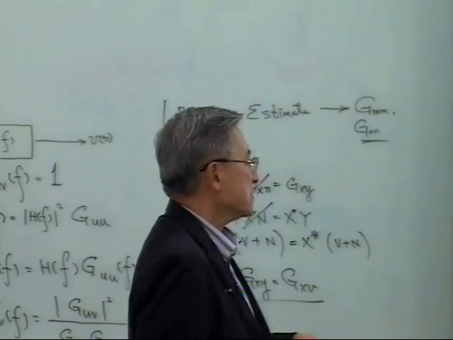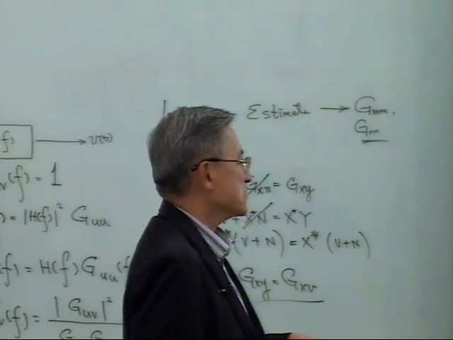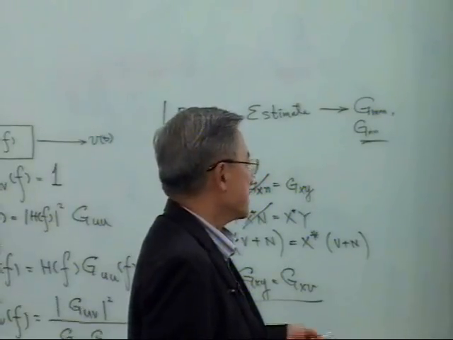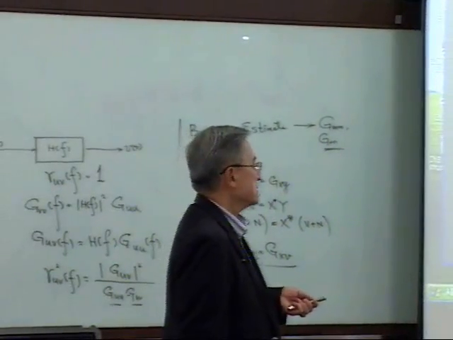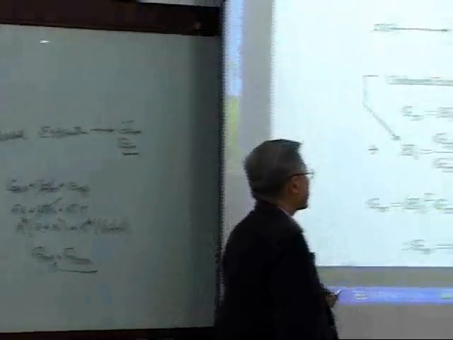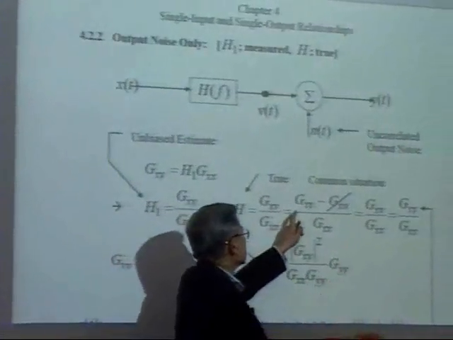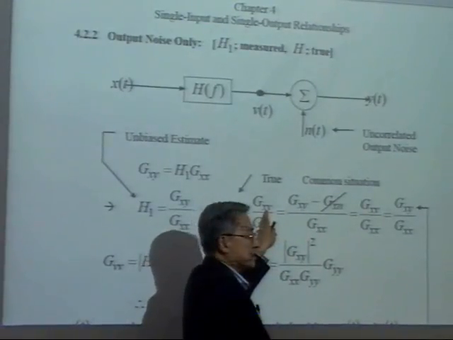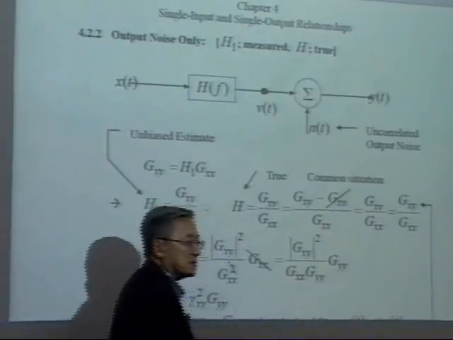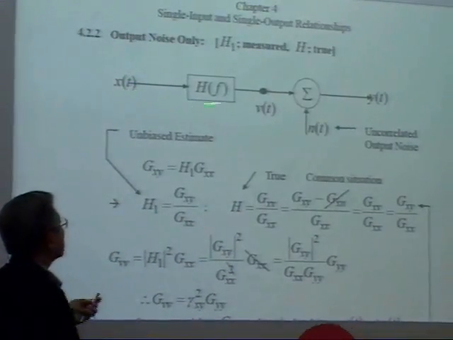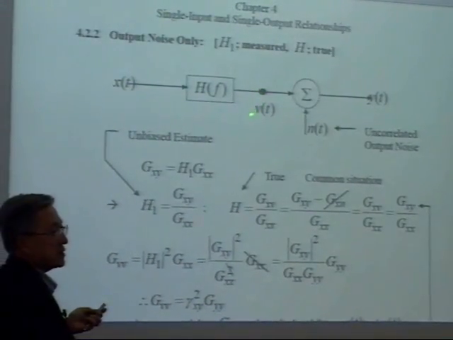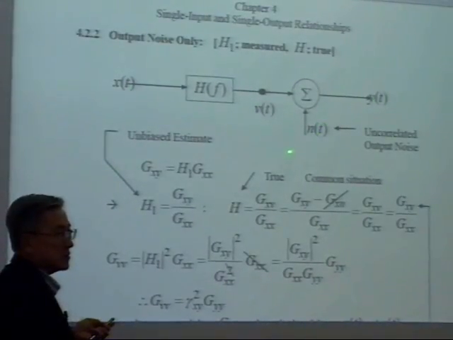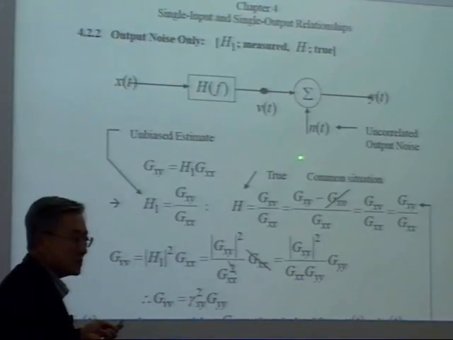After I wrote this, I feel some students may be confused, so I put another line in there. But as I explained, this is clear. So here, GXY is equal to GXV. GXV is from here to here. Noise is not here. From here to here, noise is there, but it's uncorrelated noise.